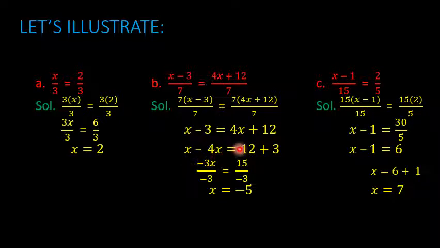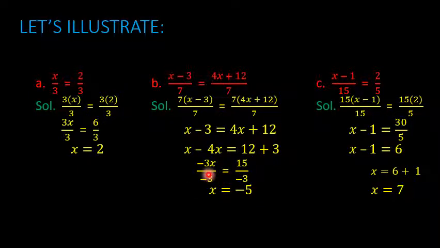Then, combining like terms. So, ang kaning 4x, mag-add ta og negative 4x. So, naa tay x minus 4x. Kaning minus 3, mag-add ta og 3, kay negative 3 man na siya. So, mag-add ta og 3, mao 0 na siya. So, diri sa pikas, nag-add tag 3. So, naa tay 12 plus 3. Now, pila ang x minus 4x? Negative 3x. Pila ang 12 plus 3? 15. So, naa na mo yung negative 3x is equals to 15.